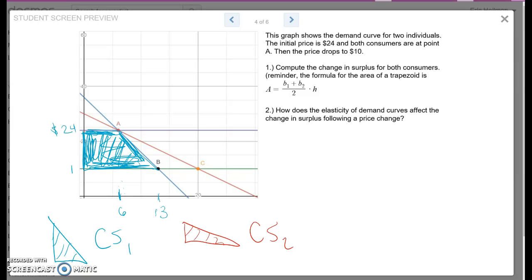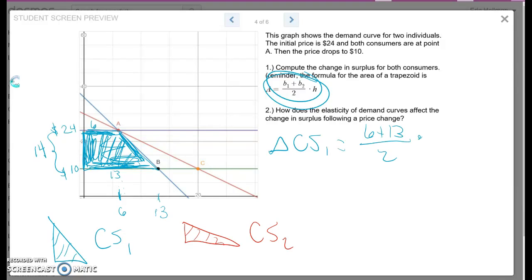It says in the problem the price dropped by 14 units, so this length is 14. This height was 6. This base was 13. Using the formula for the area of a trapezoid, you get (6 plus 13) over 2 times 14.